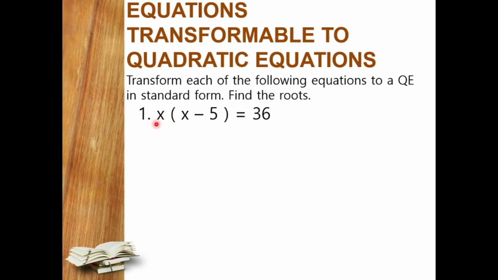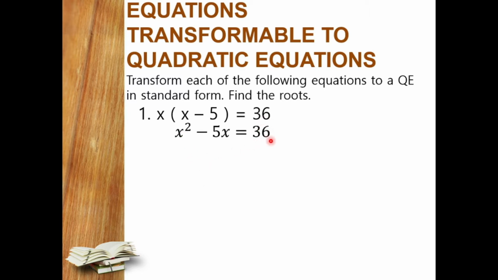We are going to distribute this variable x to the terms inside the parentheses. So therefore, we have x times x is x squared, and x times negative 5, we have negative 5x. So we have x squared minus 5x is equal to 36.